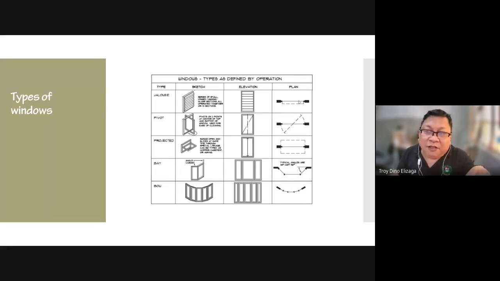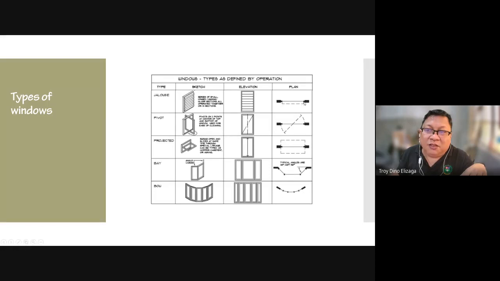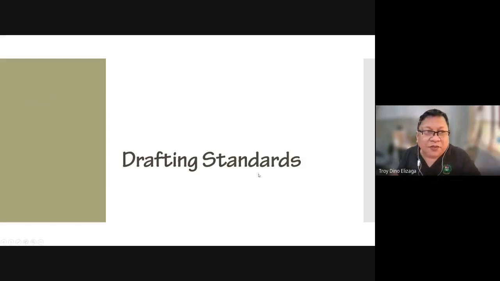But in the Philippines, we sometimes represent the jalousie like the fixed, so we don't bother with this. Pivot is like this, projected. And then bay windows and the bow. The drawings are self-explanatory.